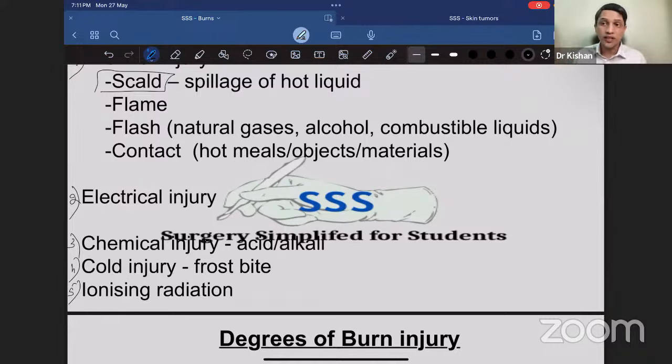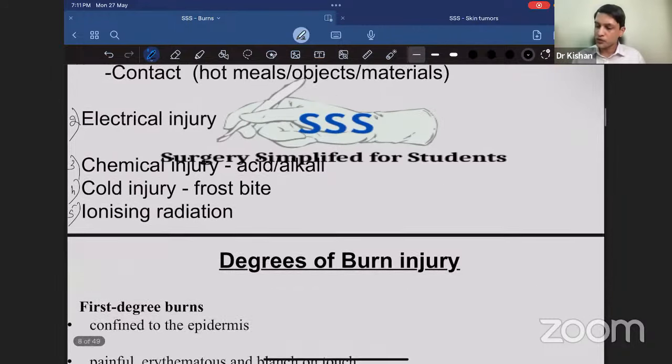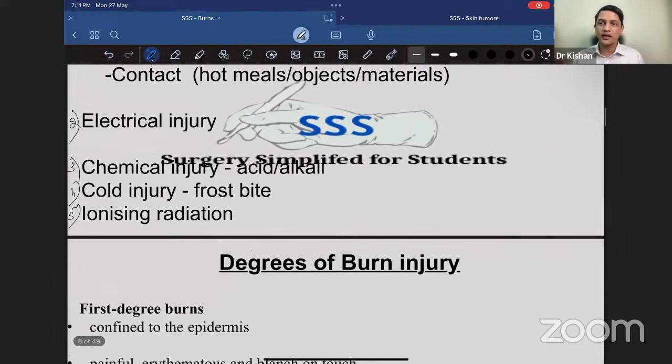Exposure to severe cold can result in frostbite, which is also a kind of burn injury to the skin. Ionizing radiation also can cause damage to the skin or internal organs. That's called ionizing radiation injury. So this is the classification which we will write as a part of our introduction. Okay, very simple.